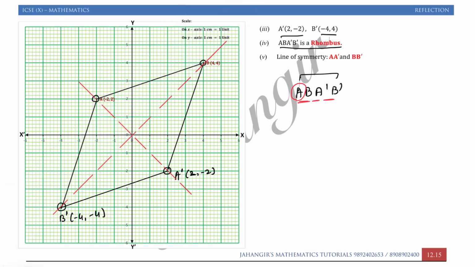Okay, so you have to write that the lines of symmetry are A dash and B dash. This answer should be written on the answer pages. All coordinates should be labeled: x-axis, x dash, y dash, scale. Everything should be labeled on the graph. In this way you can finish your 4 marks graph.